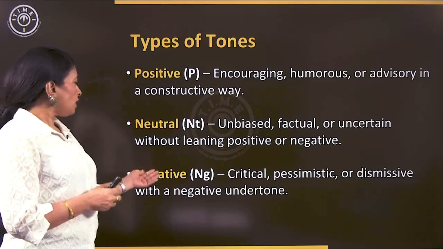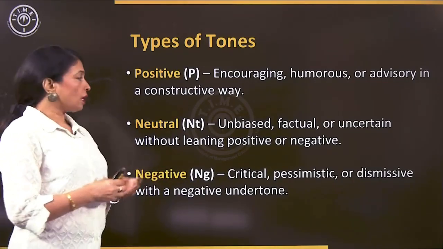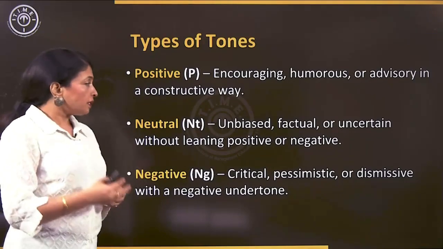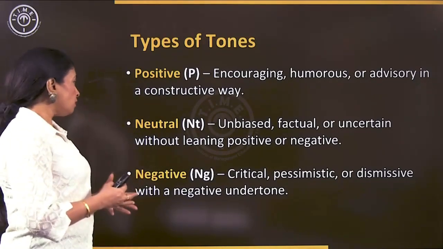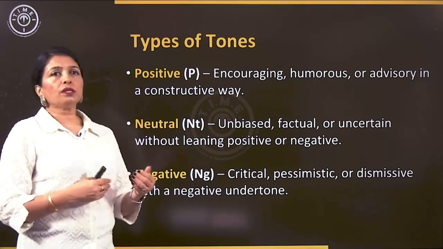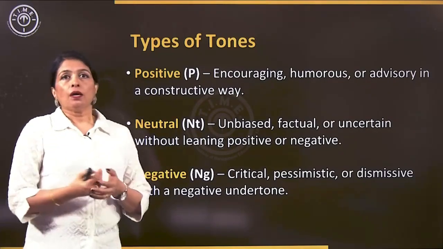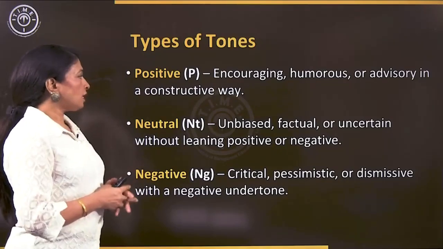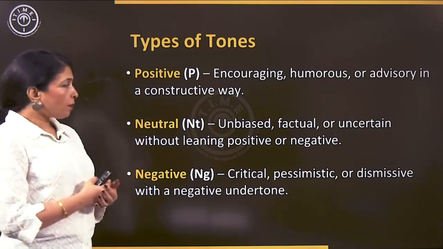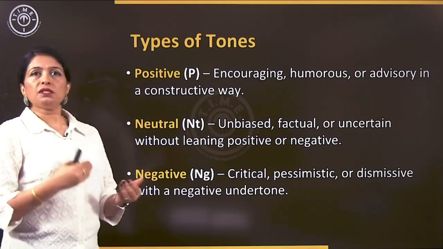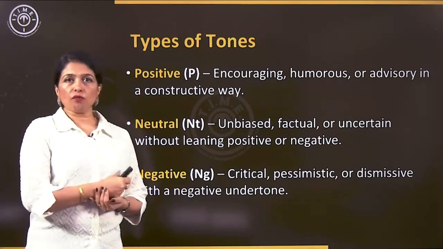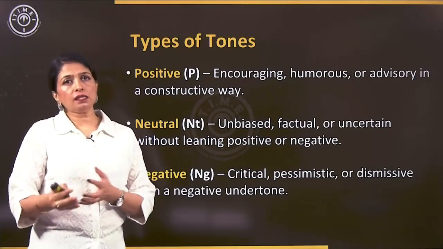Then we have negative tones, and negative tones are the opposite of positive ones, and the words are critical, pessimistic or even dismissive with a negative undertone. Then we have neutral tones, and neutral ones are those that are balanced, they are unbiased, they are factual, which means they merely are concerned with the presentation of facts and they do not take any side.